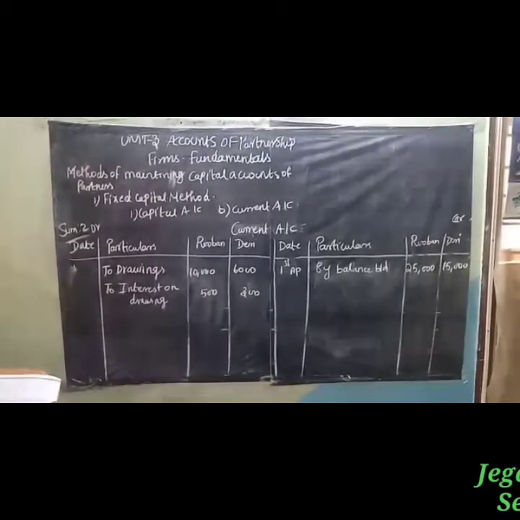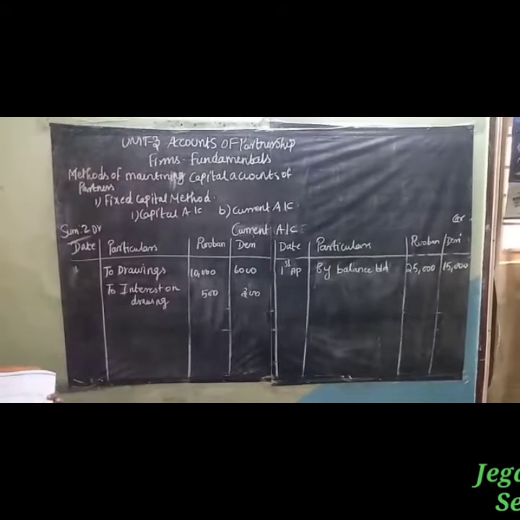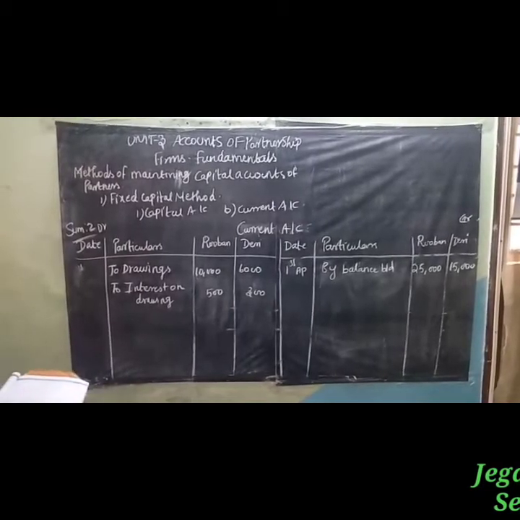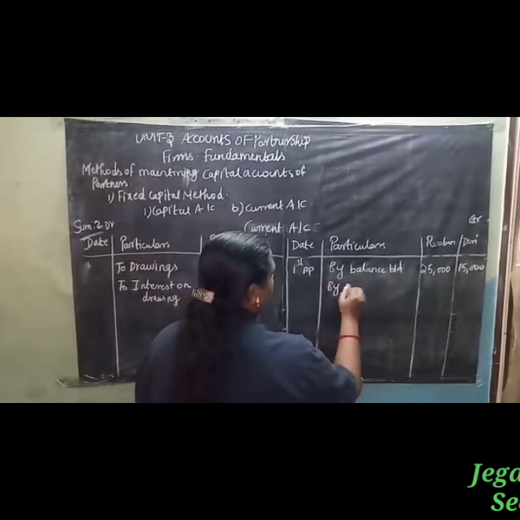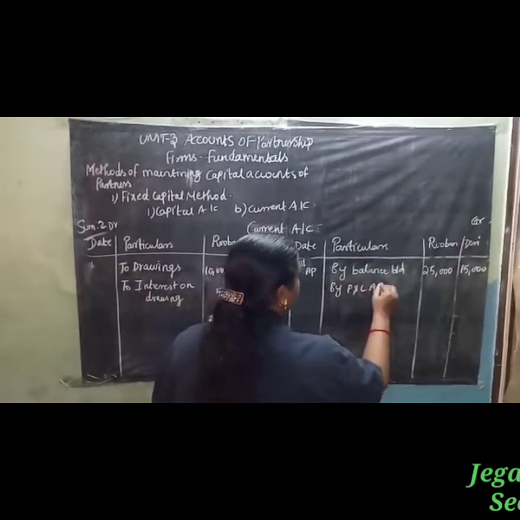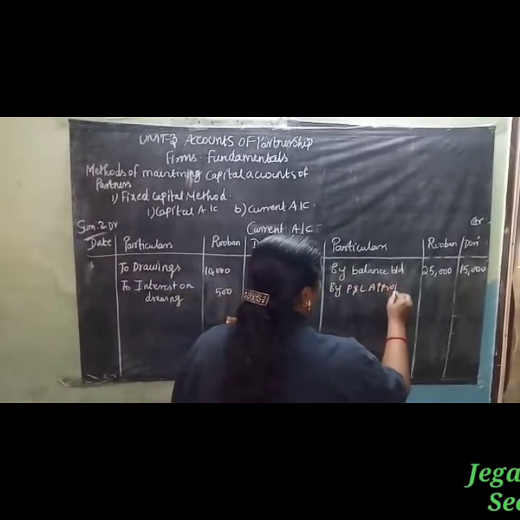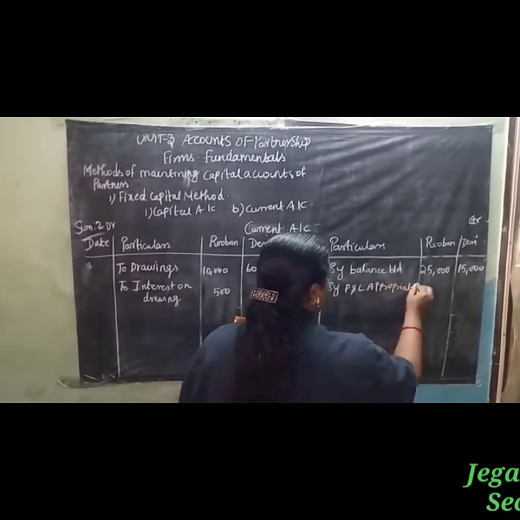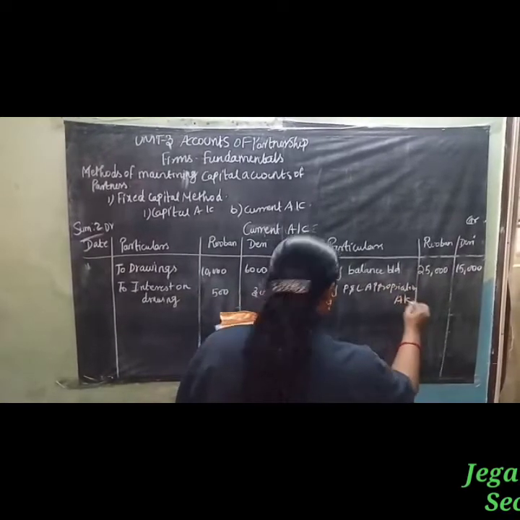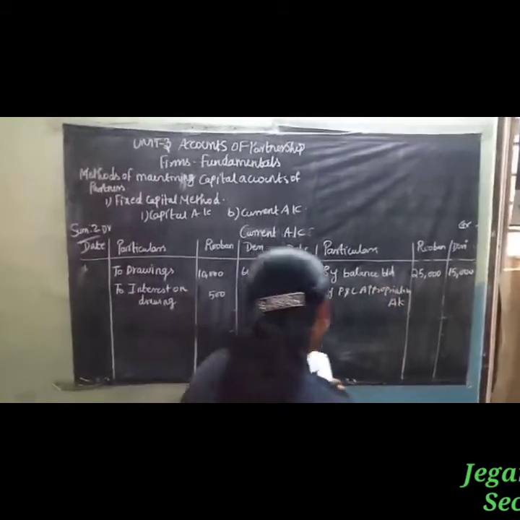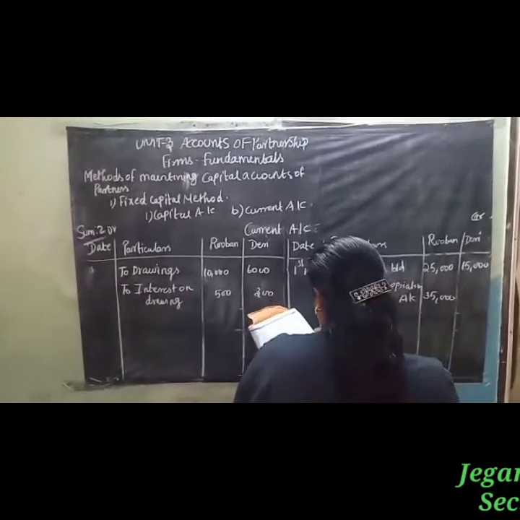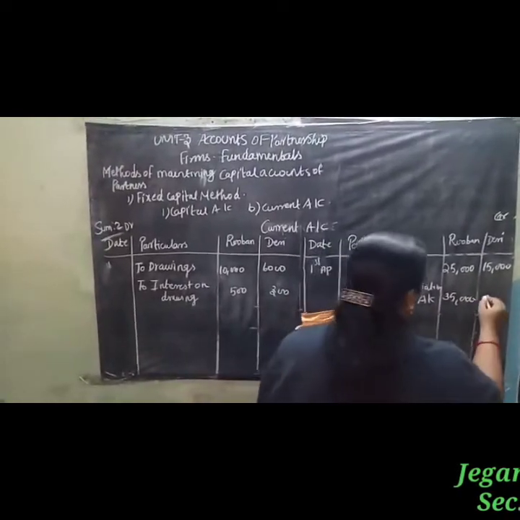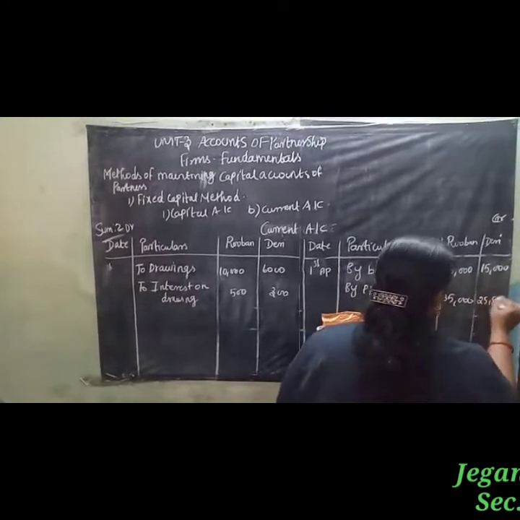Then next, share of profit. Share of profit of 2018-19, by profit and loss appropriation account: for Reuben 35,000, for Derry 25,800.